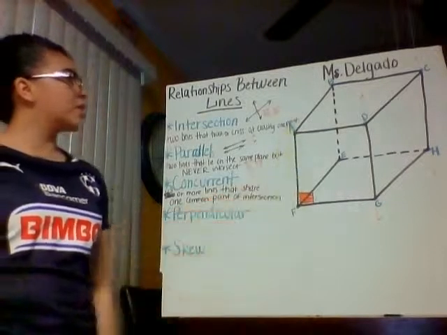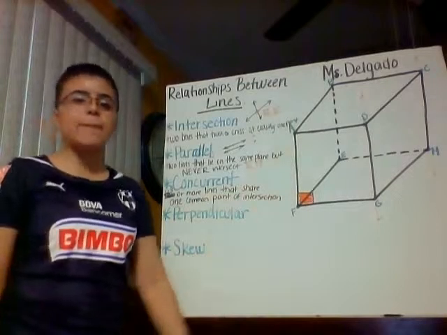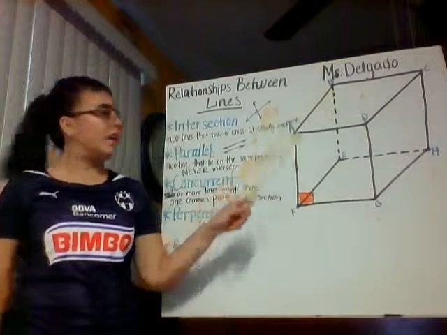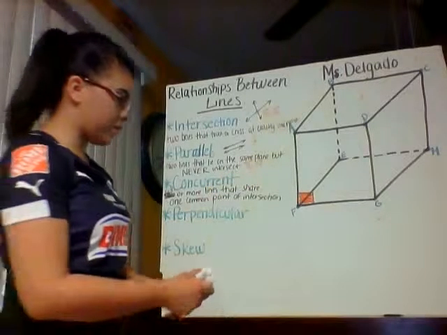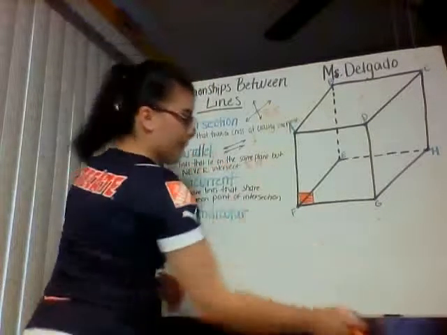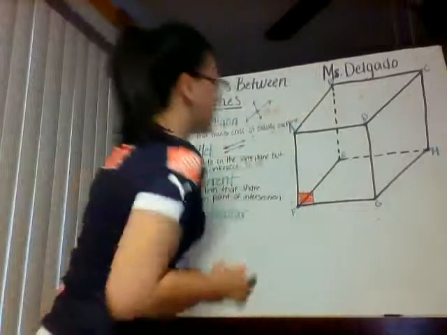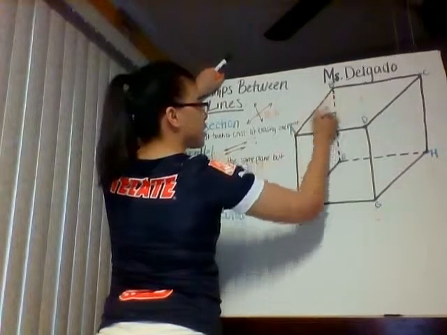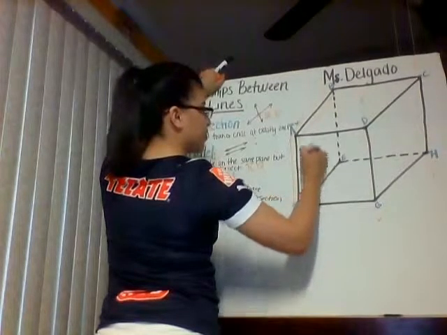Let's go ahead and see here. Let's use, for example, the same lines that we used up here, AB and AF. Let's go ahead and highlight those. AB, let's circle those. And AF.